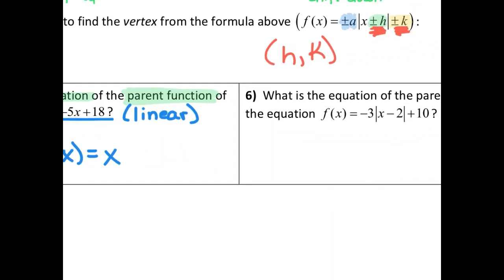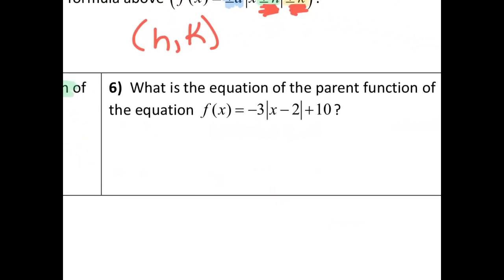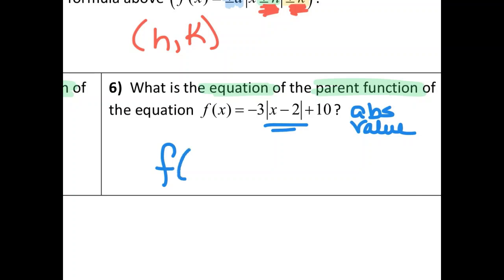In number 6, again, asking about the equation of the parent function, this time we're looking at an absolute value function. And the equation of the parent function, the most basic equation of an absolute value function, just has the absolute value of x.